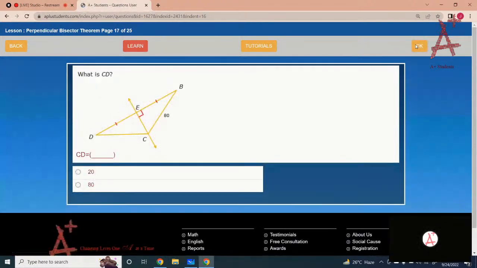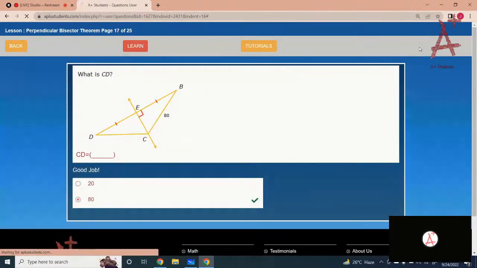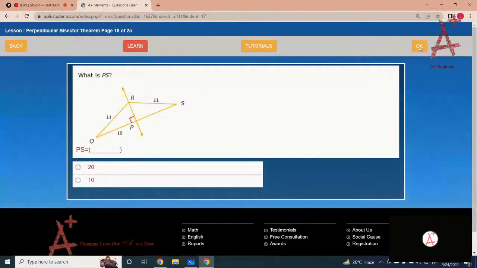Okay, what is CD? 80 or 20? Yes, it is 80 because BC is 80, so CD is also 80. Okay, the next one is, what is PS? Is it 20 or is it 10?